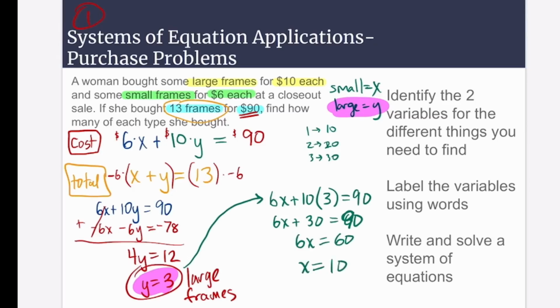X is 10, which means there are 10 small frames. So that's the purpose of labeling these. I know the small frames are x. So when I get x, I know my answer is going to be that many small frames. So hopefully these word problem types will help you navigate some of those problems that you get.